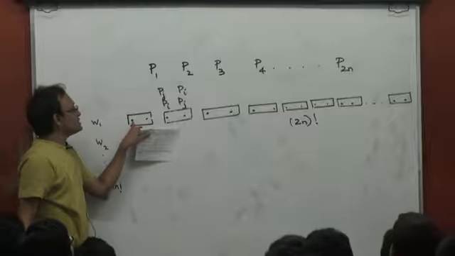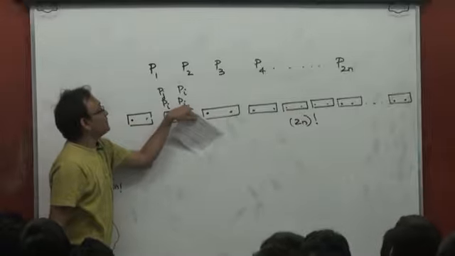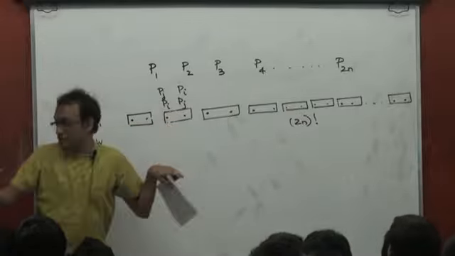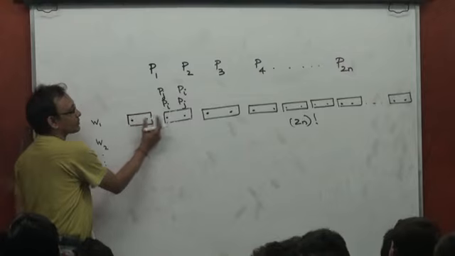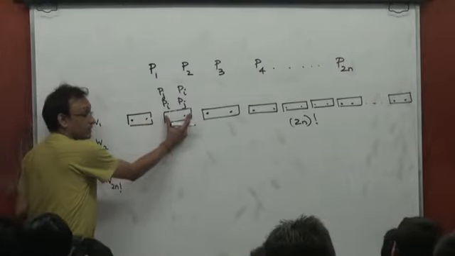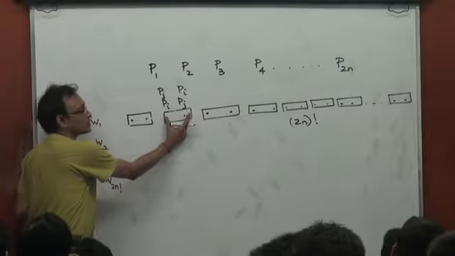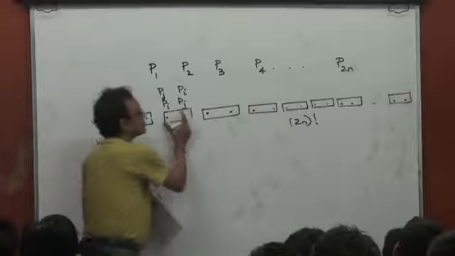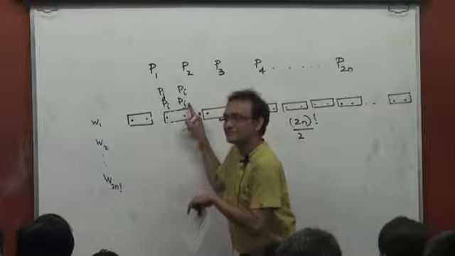So although in this 2n factorial, pi pj and pj pi are different, they should be the same. That means if pi pj appears here, then for this slot you should divide by 2 so that only one of them is counted.